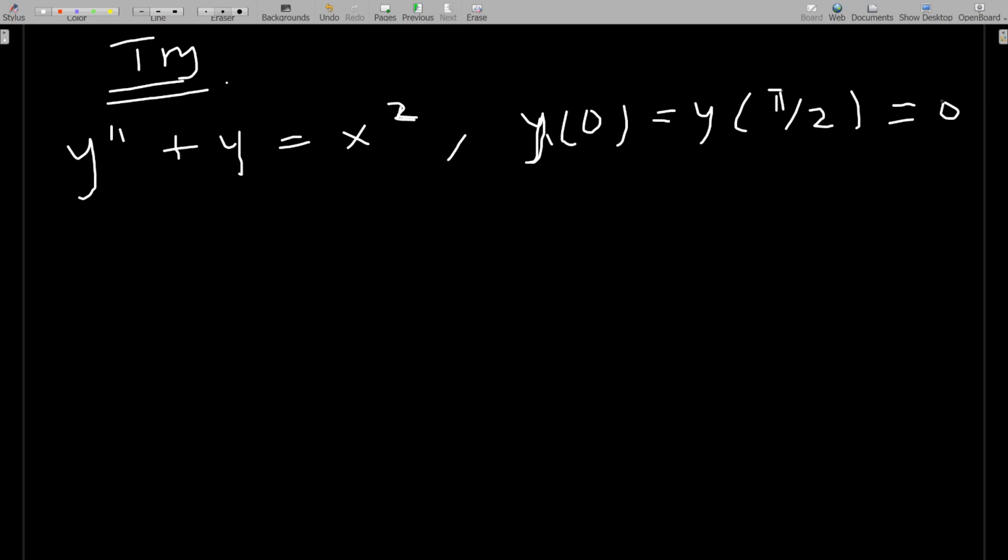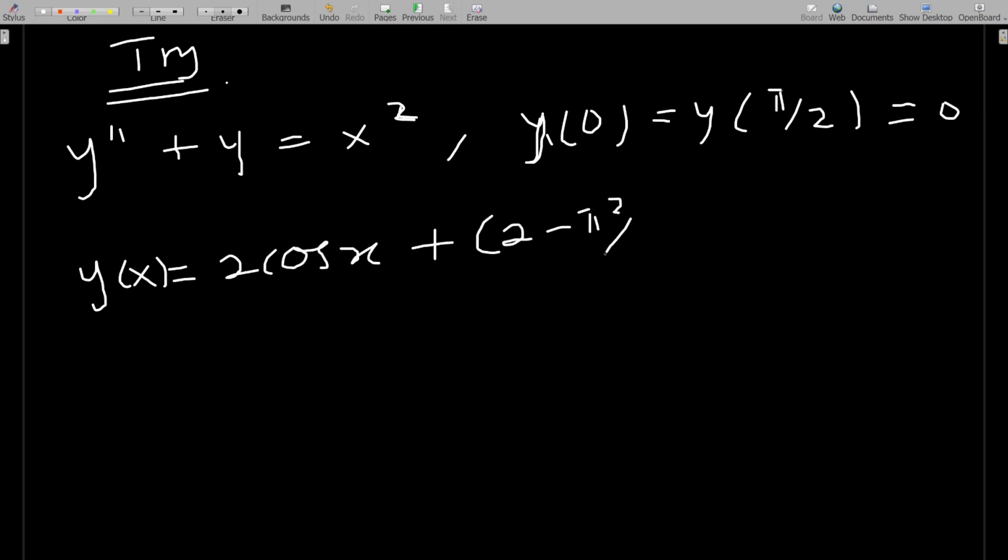So using Green's function, the expected answer is y of x is equal to 2 cos x plus 2 minus pi squared over 4 sine of x plus x squared minus 2. So this is the expected answer.